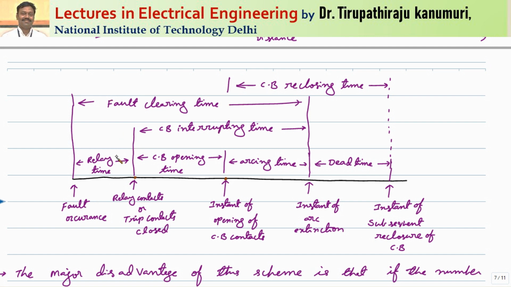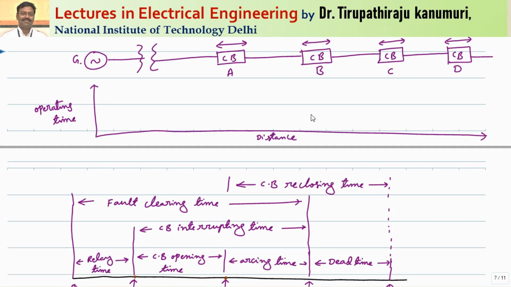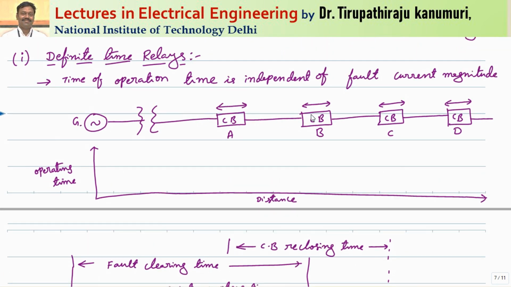So the second relay should wait at least for this fault clearing time, plus some extra buffer. Generally the value varies from 0.3 to 0.5 seconds. That's why a time delay of 0.5 seconds is kept between two adjacent relays.